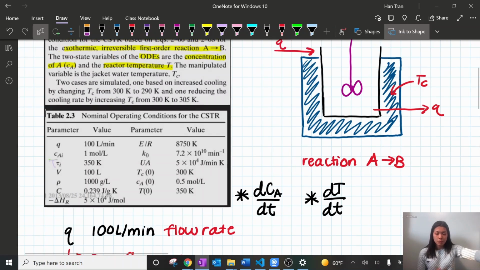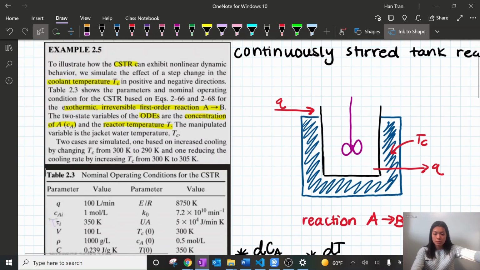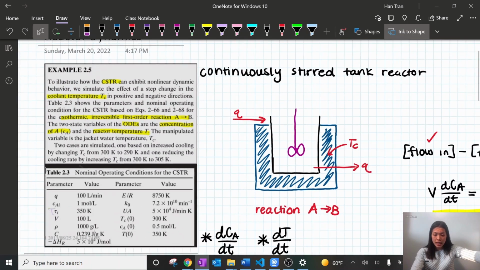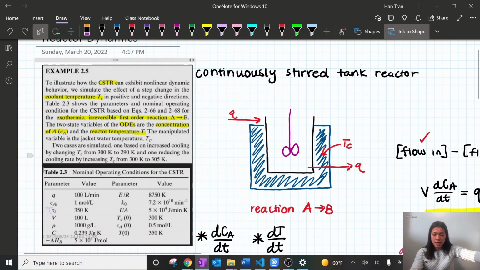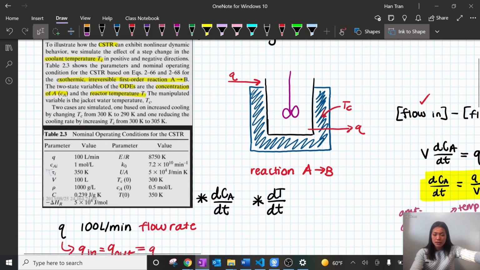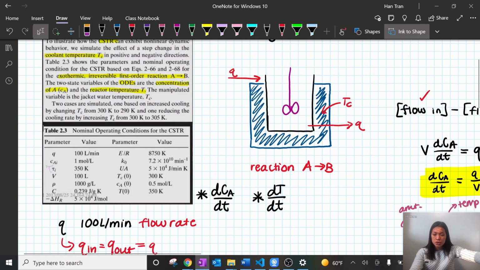So let's begin. We're going to start by taking a look at the information that we covered in the previous video. So here's the problem that we looked at, and it tells us how we have a CSTR, and it tells us about the coolant temperature and how it's in positive and negative directions. It also tells us that there is an exothermic first order reaction from A to B, and it gives us just the temperature, the concentration, and then it gives us a bunch of parameters, and it says two cases should be simulated.